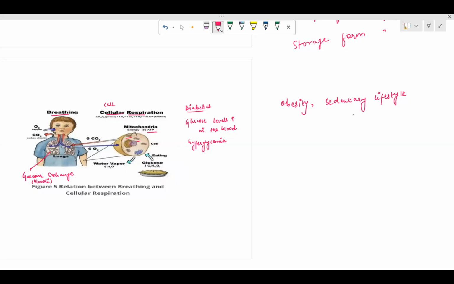You must have observed that whenever you eat something sweet, you instantly get energy. Why? Have you ever thought of this? Ma'am, because it has a high level of sugar and glucose.